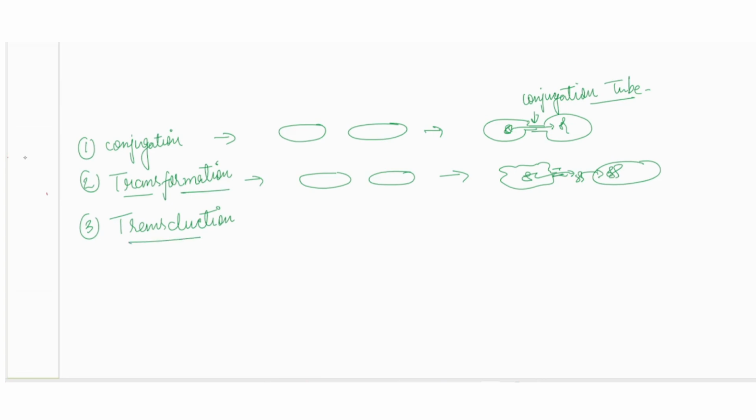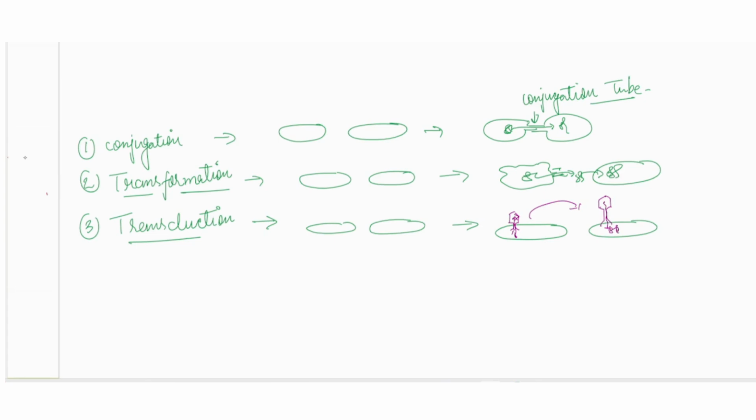And the third one is very important, which is asked in the question: from one cell to another cell, how is the transfer occurring? This is one cell, this is the other cell. On the one cell the bacteriophage, or any viral vector, will sit on it, take the genetic material, go to the other cell and transfer it, like this.